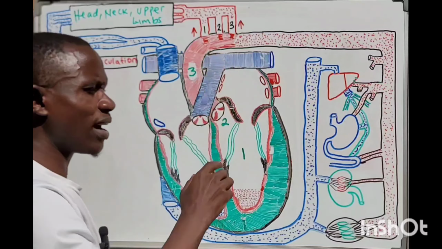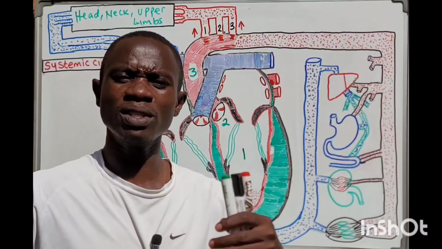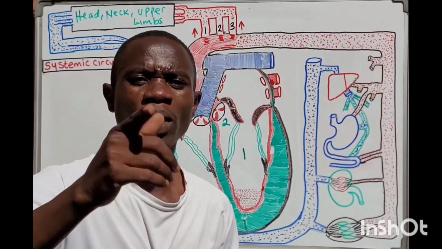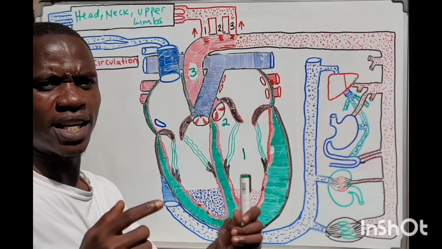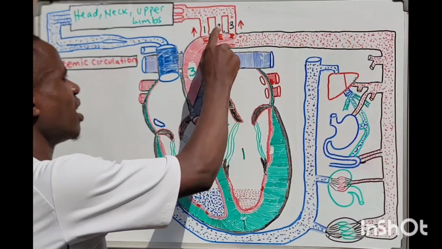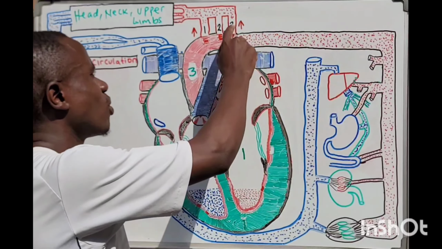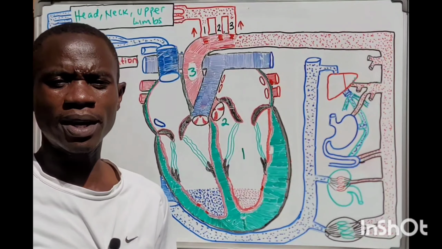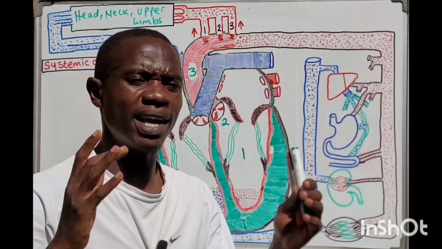On the aortic arch, we have three great vessels which supply the upper extremities. The first is the brachiocephalic trunk, the second is the left common carotid artery, and the third is the left subclavian artery. These great vessels supply the upper extremities.